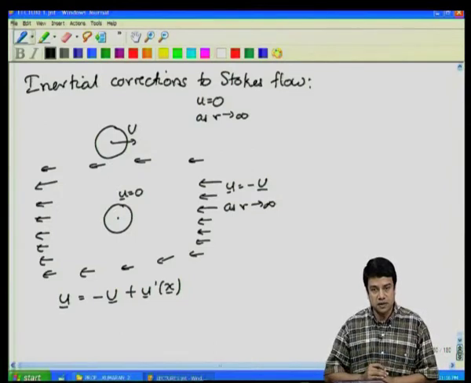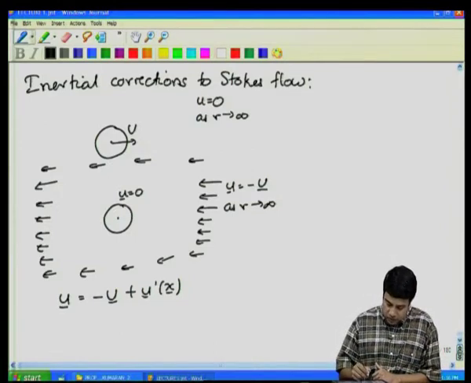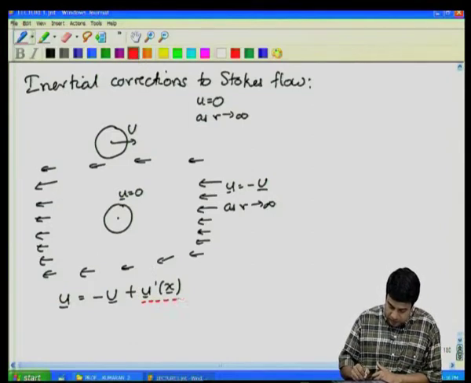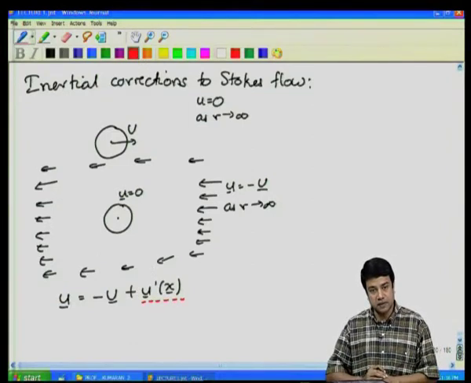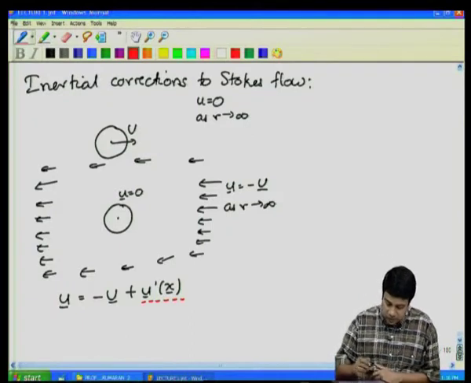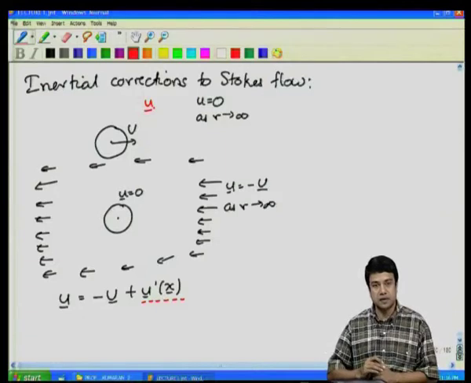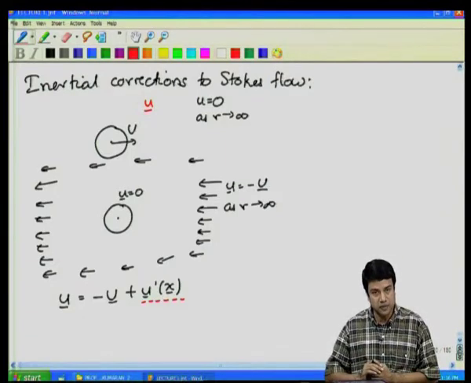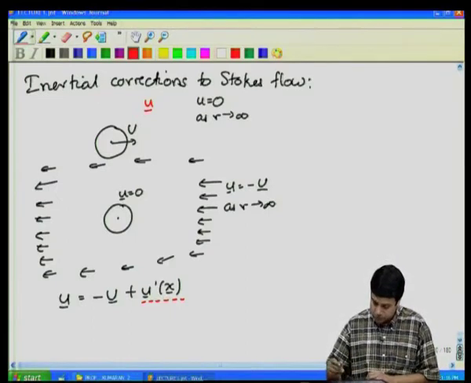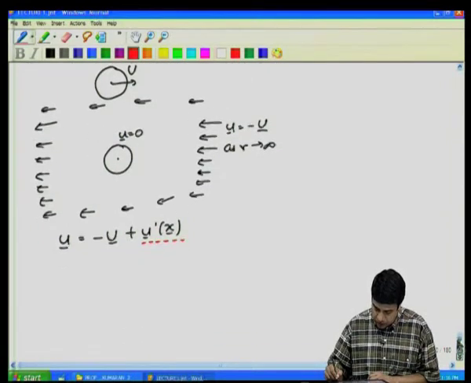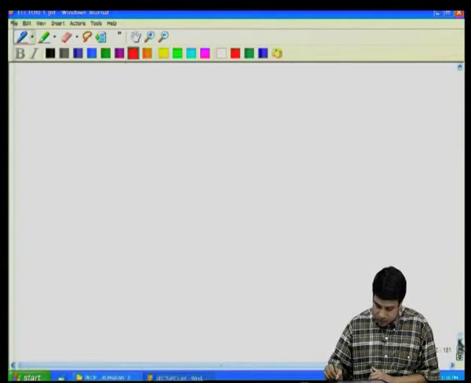The forces that are exerted should be identical, and the velocity disturbance u prime that I have here should be identical to the velocity u that I have in this configuration, because in the top configuration the fluid velocity goes to 0 far away, therefore, the velocity disturbance is just u. In the bottom configuration the fluid velocity is minus u far away, and therefore, the velocity disturbance is u prime, and the two have to be equal. So, let us go back to the Stokes equations.